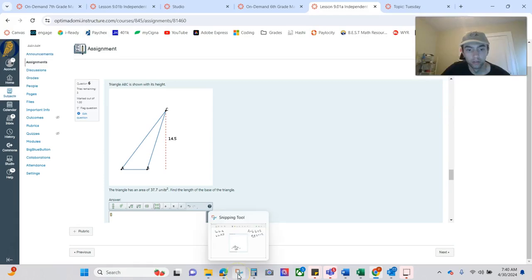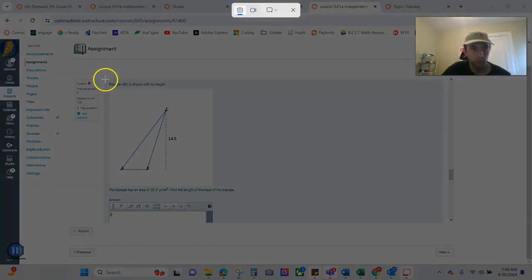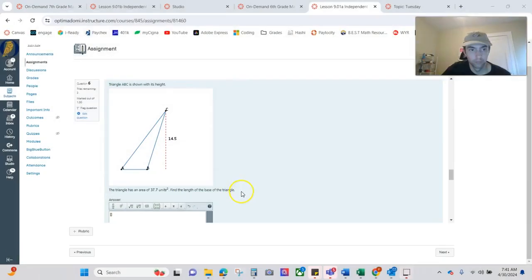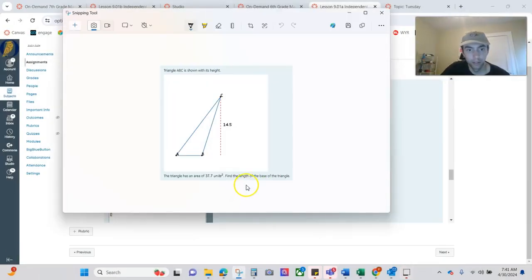Question 6. Triangle ABC. Backwards question. Nice. To find the area of a triangle, we use this formula: base times height divided by 2.